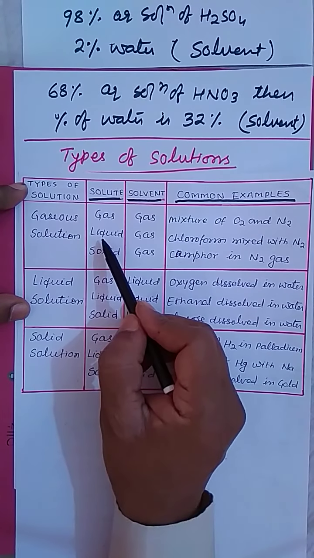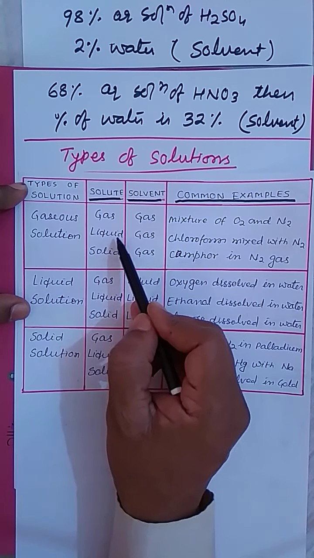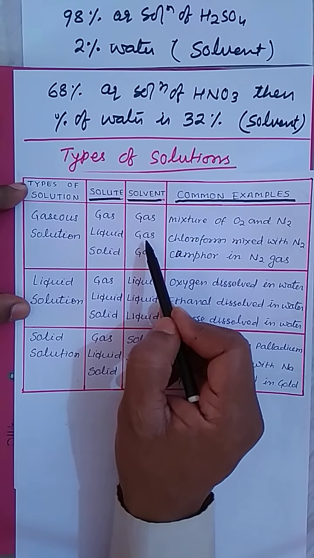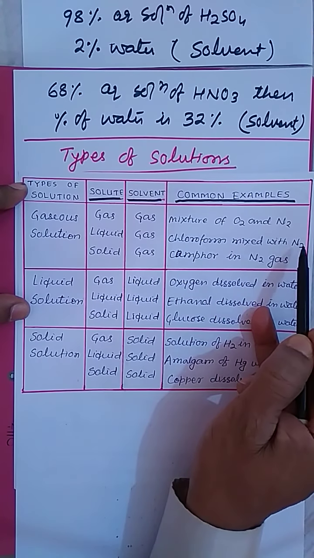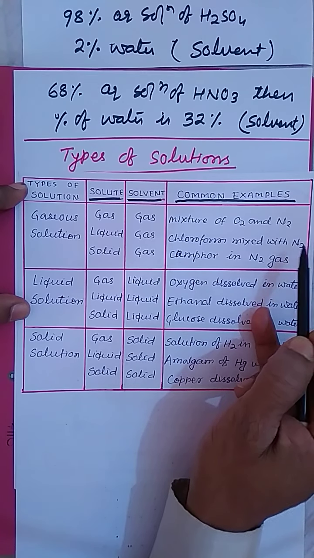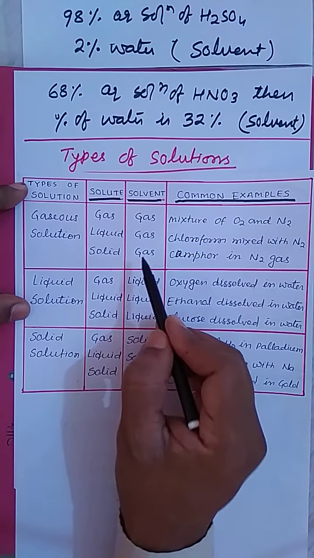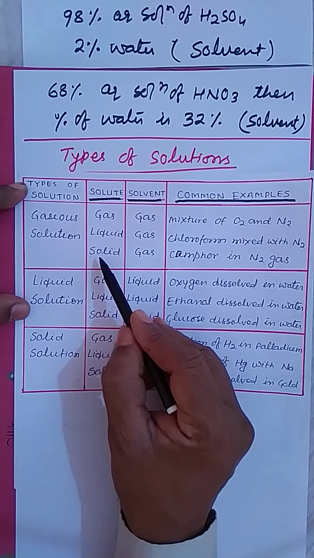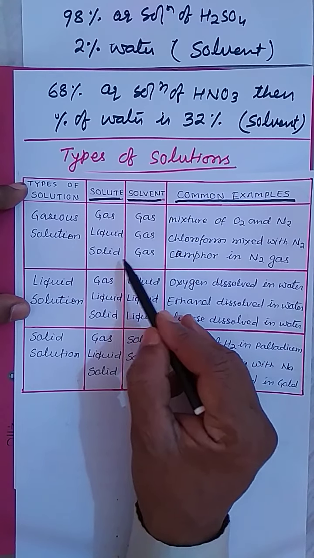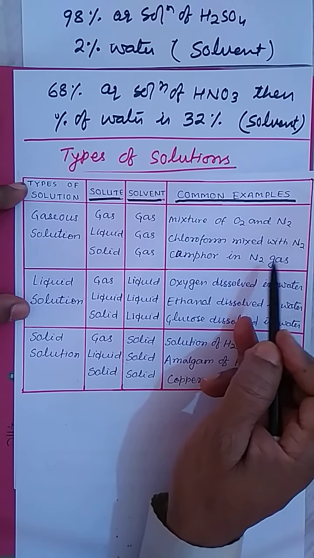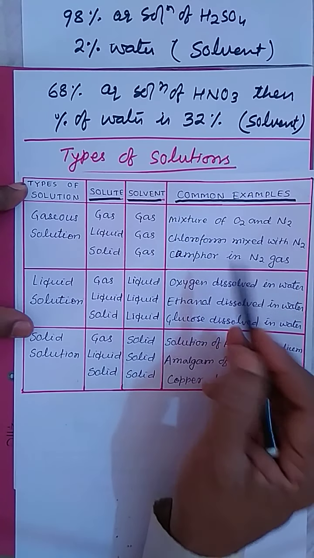Liquid acts as solute, that is, a lesser quantity of liquid is there, and solvent is gas. So chloroform mixed with N2 gas, nitrogen gas. Solid in gas, that is, solid is the lesser quantity and gas is the larger quantity. So camphor in nitrogen gas, you can put the example for that.